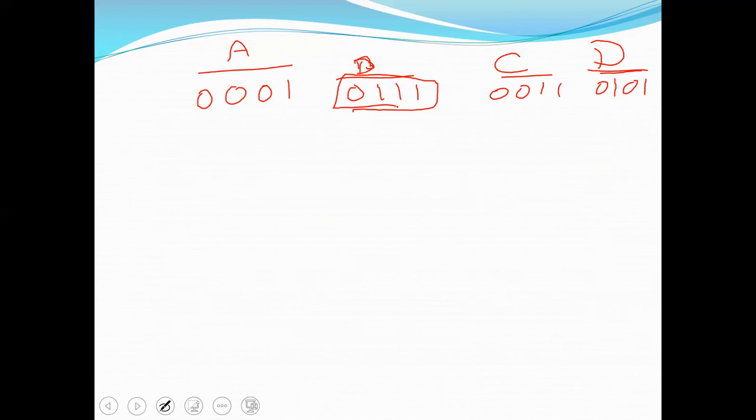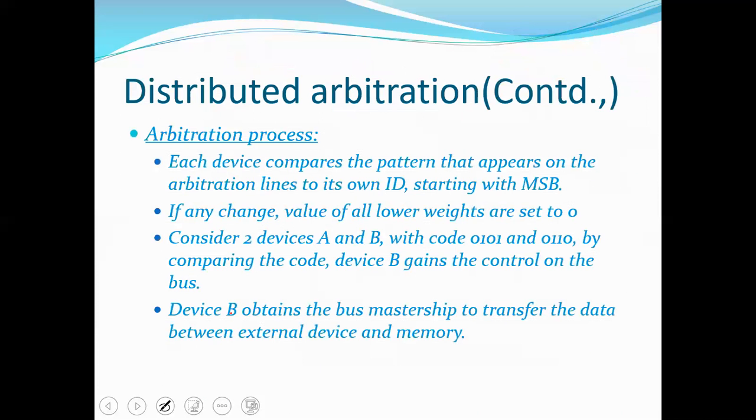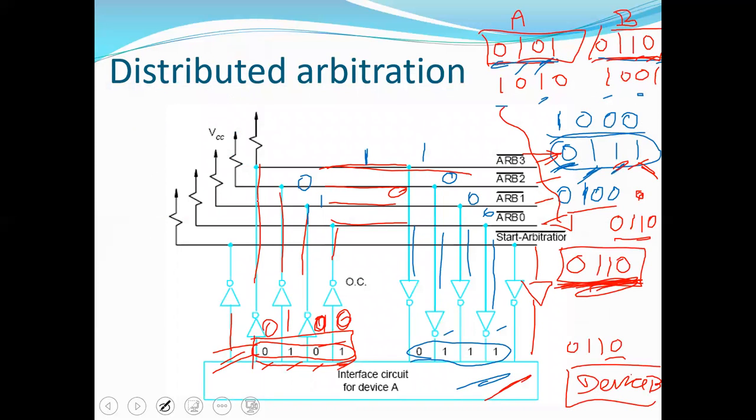For simplicity I'll just take these two devices A and B which have these IDs. The first step is, whenever the ID is there, negate it. There is a NOT gate, so negate it: A becomes 1110 and B becomes 1000, and it passes through the arbitration line.